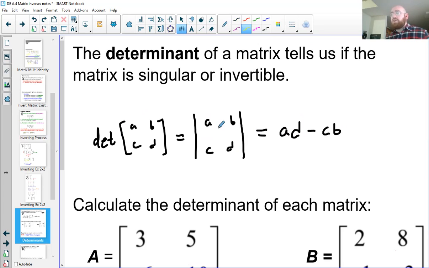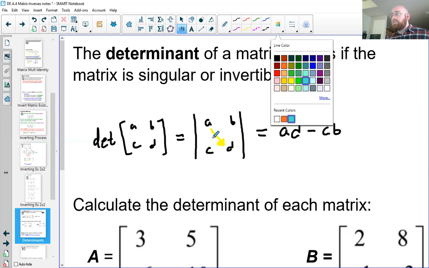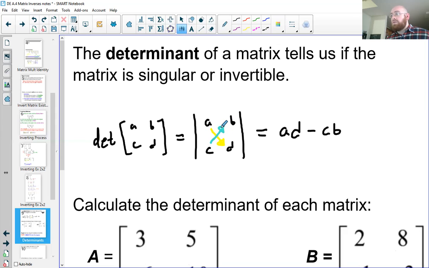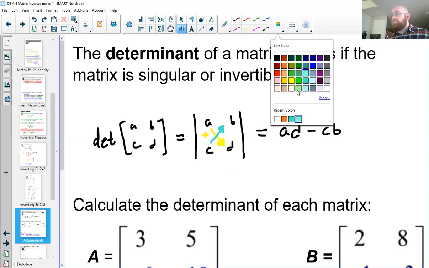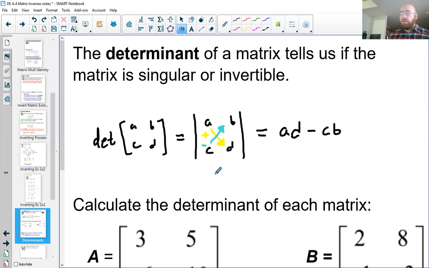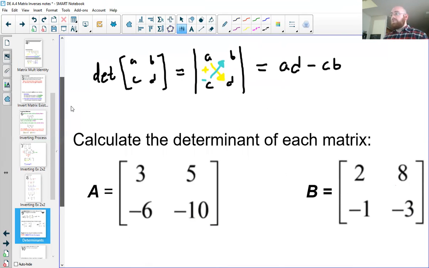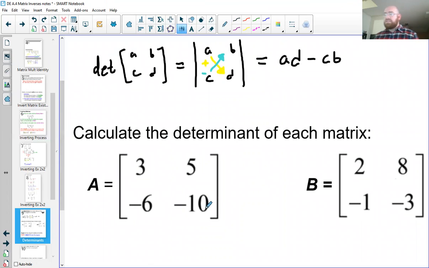And it helps to visualize where this comes from. So we multiply A times D, and then we subtract C times B. So if I want to label that, it's a plus A times D, and then actually I think it was this one, we subtract C times B. So to practice a couple determinants, notice that these are the matrices that we had on the previous examples.